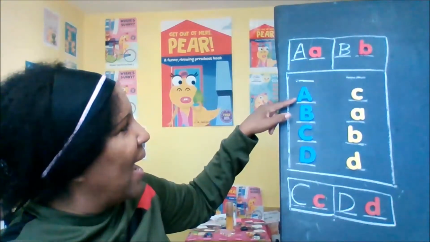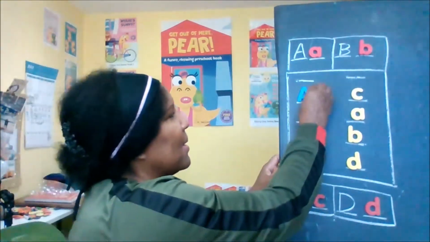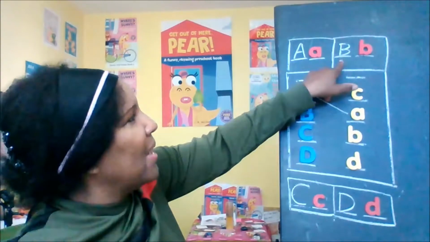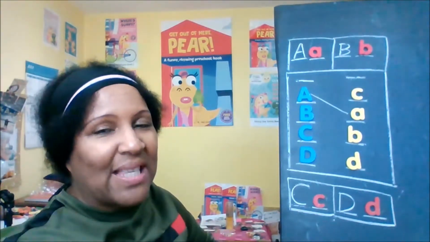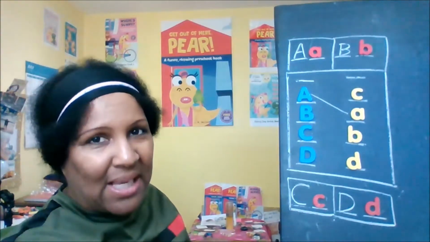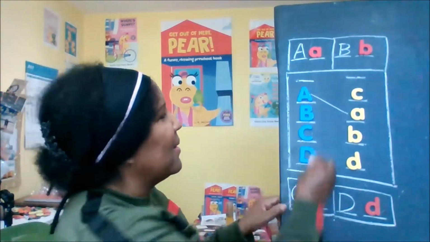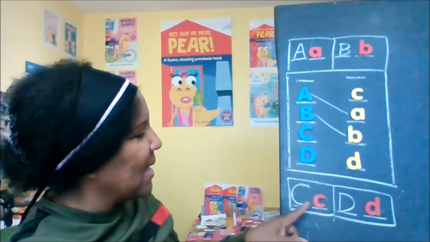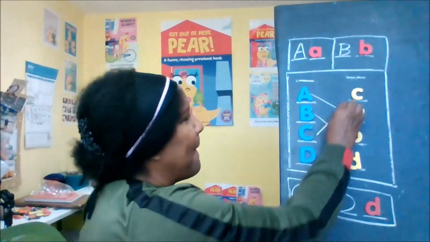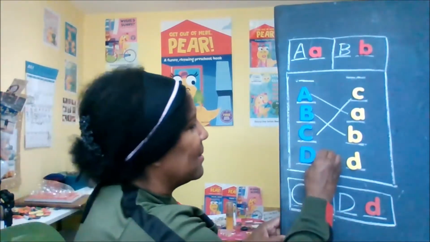And we're going to match A to A like we did before. B goes with B. We did these before, so I'm going to go a little fast because you'll see this slowly in ABC Games 4. This is ABC Games 5. C and C, big C, little c, and D, big D, little d.